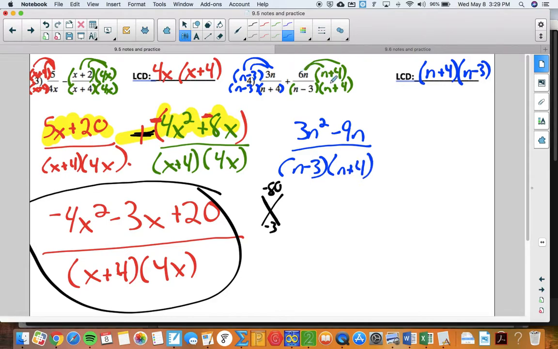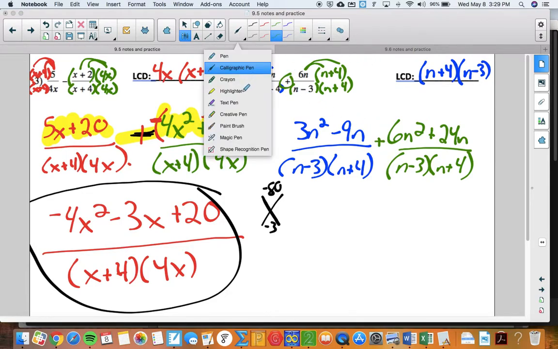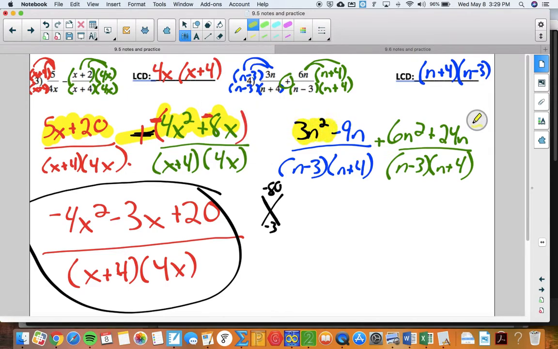Second fraction, I'm going to have 6n squared plus 24n over n minus 3 times n plus 4. These fractions are getting added, so I'll be adding the expressions together.